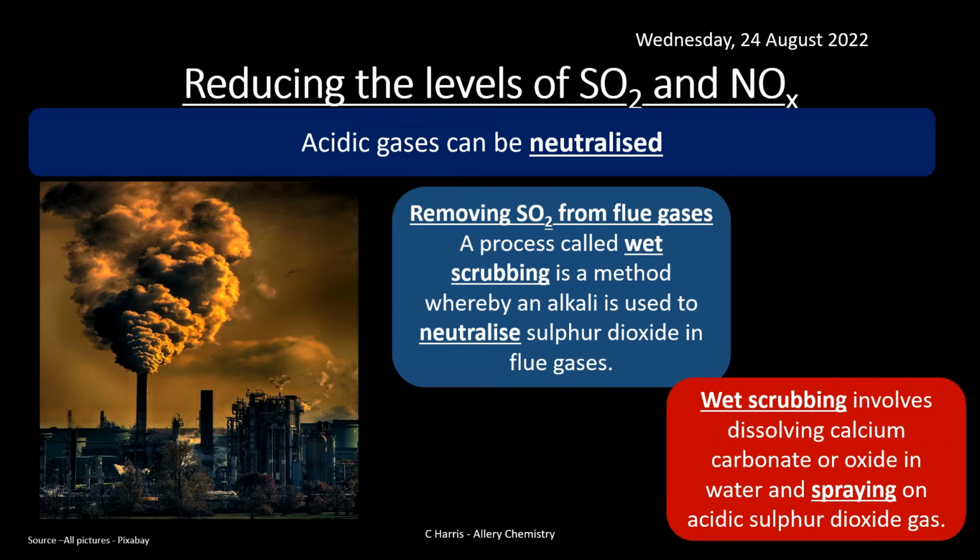Wet scrubbing involves dissolving calcium carbonate or an oxide, from your group 2 topic, in water, and spraying this on the acidic sulfur dioxide gases that go up through the flue. When it's sprayed on, it forms a salt, and then the salt can be collected and potentially used. A lot of industries could use some of these pollutants, but as long as it stops them going to the atmosphere, that's the key point.